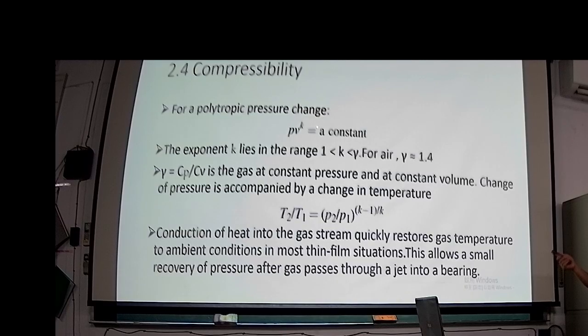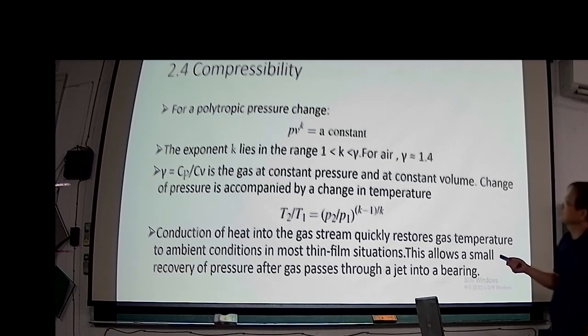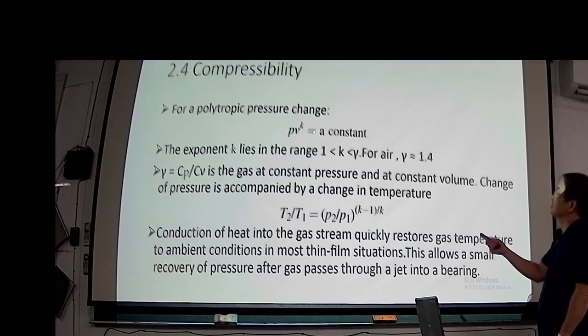So the constant K is between 1 and gamma, or nu. This is the nu.